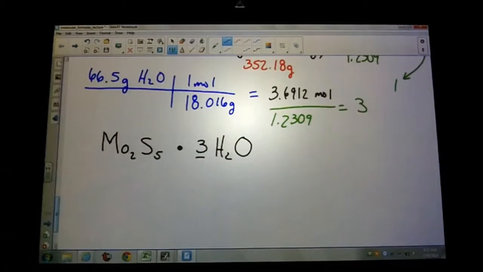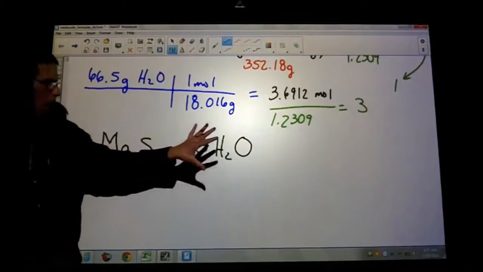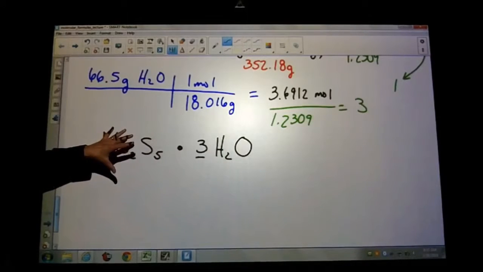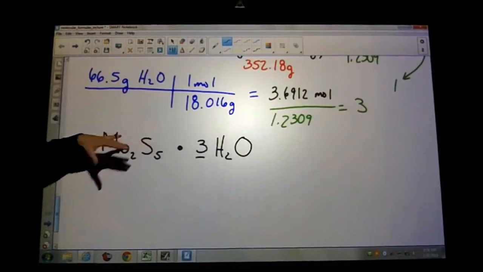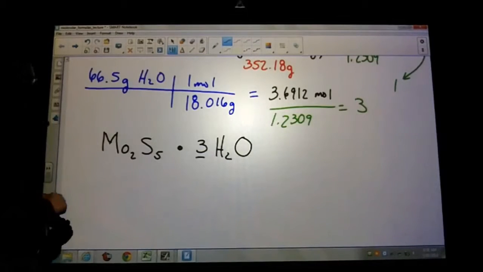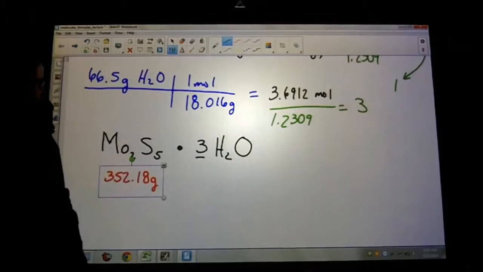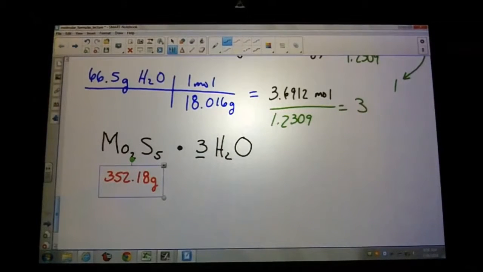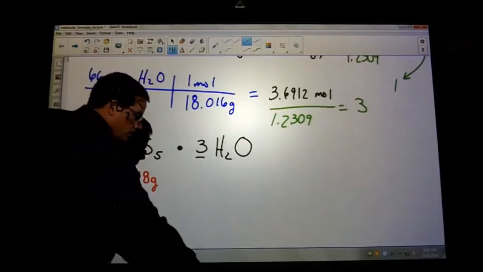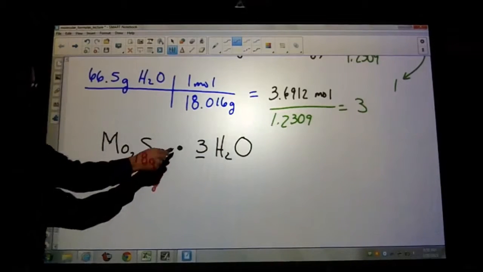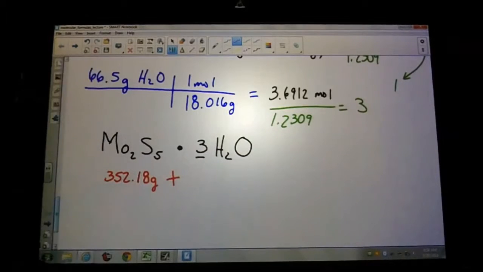If you wanted to find the molar mass of this compound, because again, with the water molecule chemically attached to this molybdenum sulfur compound, how would you find the molar mass for this? Well, you know that this is the molar mass for the Mo2S5, right? What would you do then? Treat this dot as a what? An addition sign. Very good.